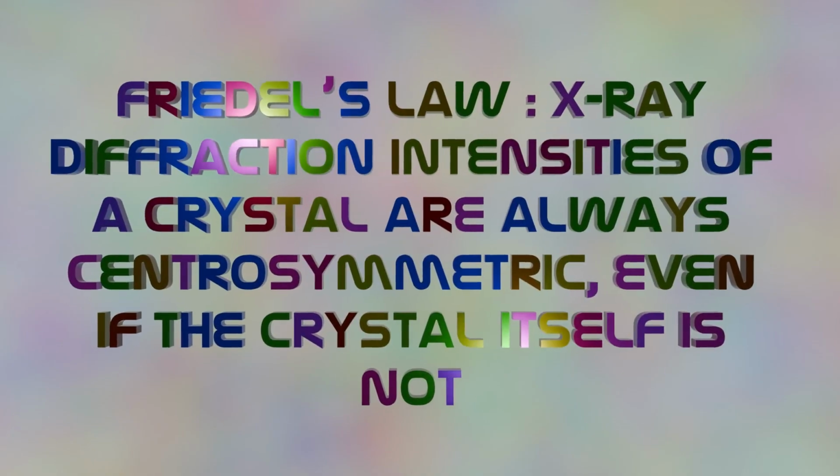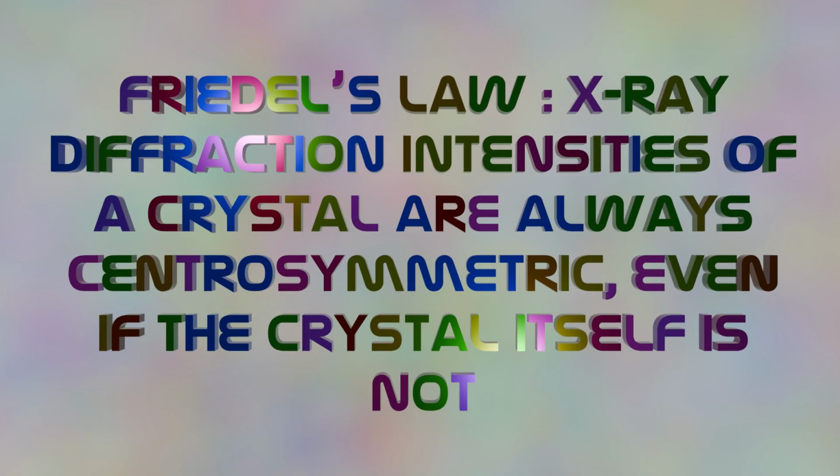Here is something beautiful and surprising. Even when a crystal has no inversion center, its X-ray diffraction pattern almost always looks as if it does. The intensities of the h, k, l reflection and the -h, -k, -l reflection are equal. This is Friedel's law. The physics of diffraction itself adds an inversion center to the pattern, whether or not the crystal has one.